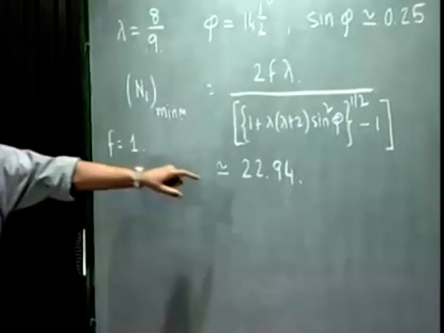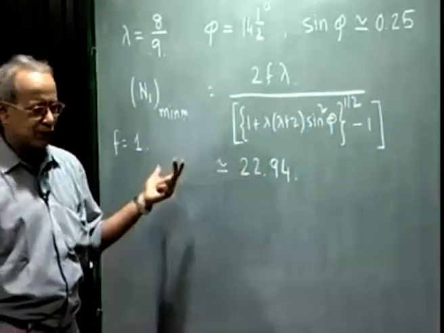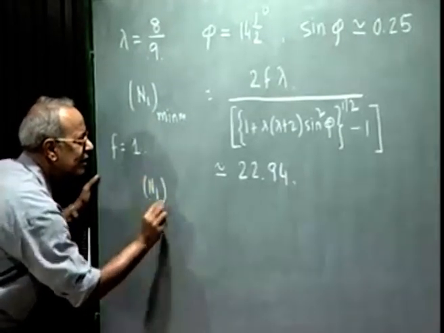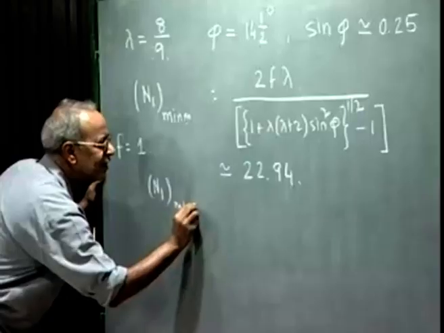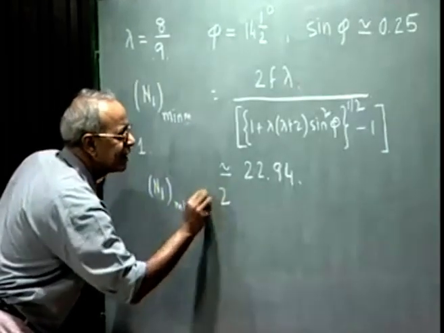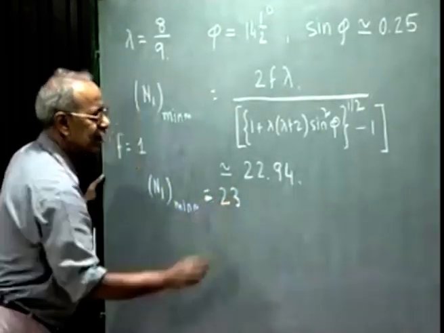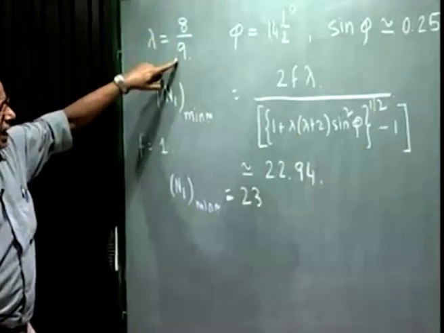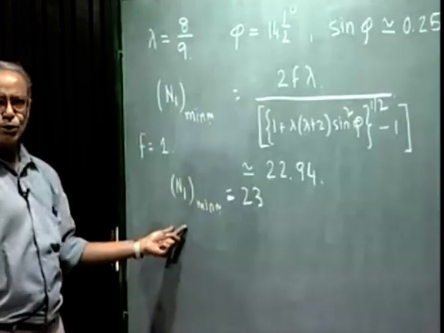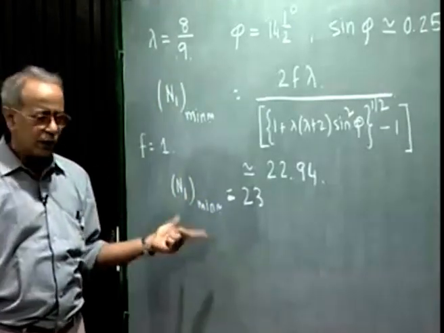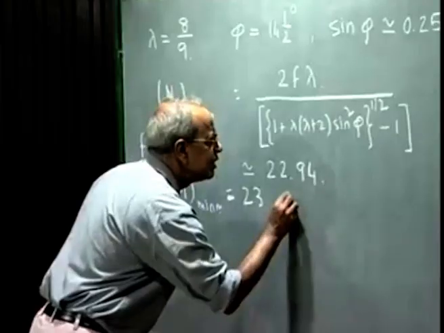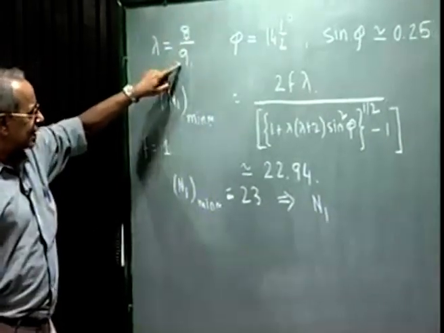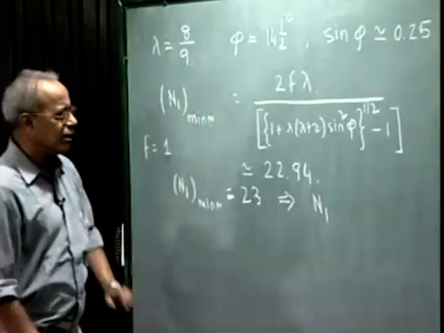But number of teeth cannot be 22.94, it has to be an integer. So, N1 minimum looks like it should be 23. But if N1 is 23 and to transmit an 8 by 9 angular velocity ratio, N2 will turn out to be a non-integer, which means N1 has to be a multiple of 8 such that N2 can be a multiple of 9 and they will be both integers.